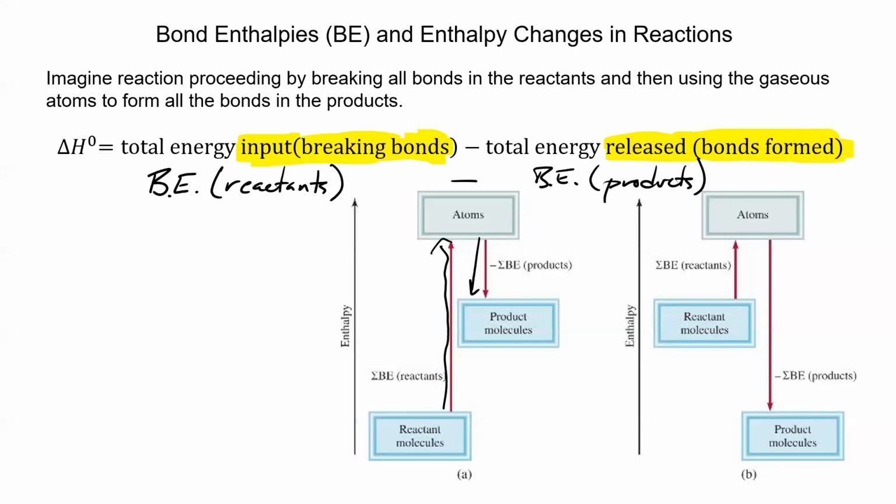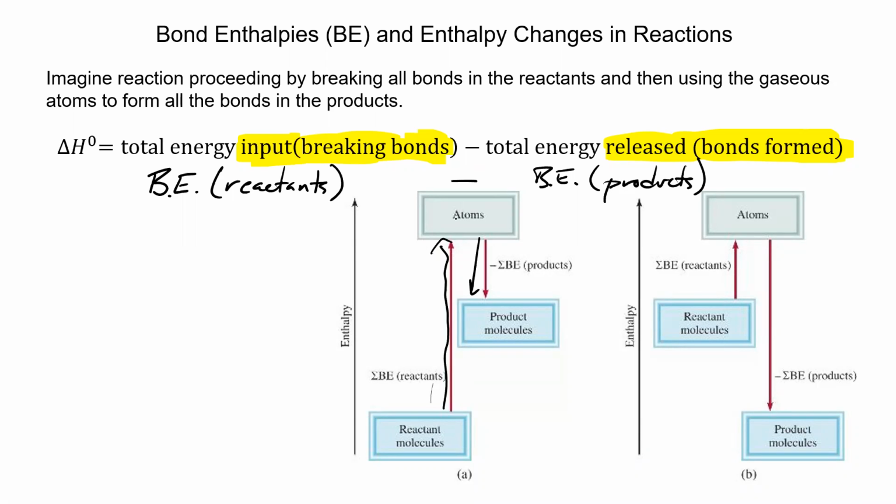So before we do an example, for figure A here, where our reactants are lower in energy than our products, is this one endothermic or exothermic? Is it endothermic? Endo. Yeah, absolutely, right?